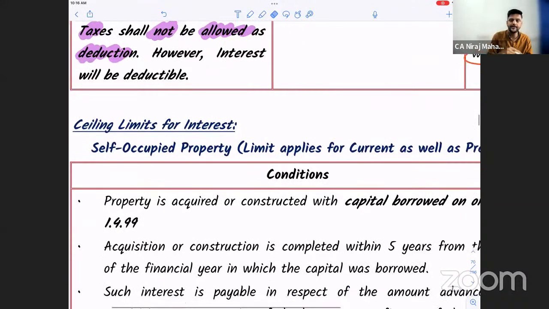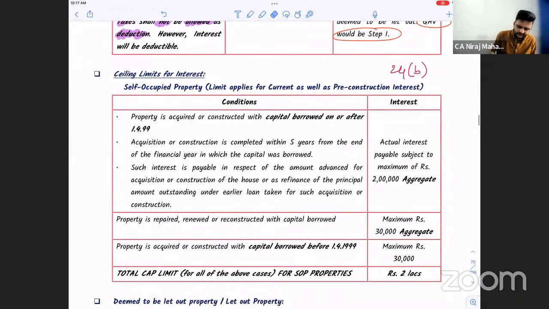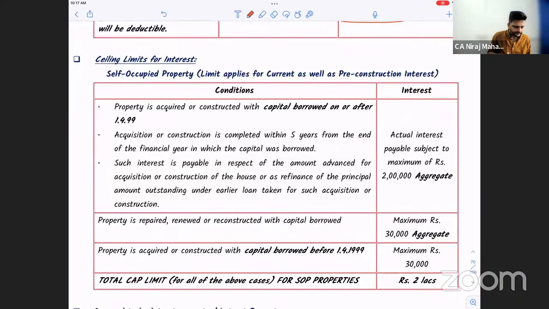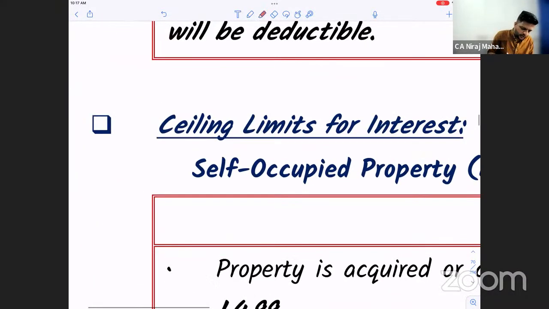And that's why they have put some limitations also. In Section 10, we have seen so many conditions to fulfill every time to take the exemption. Similarly, wherever you have deductions, there can be some conditions associated with it. Understood? Can I go ahead? So that's why, as 24B is reducing your income, you can't reduce it unlimited. There are certain ceiling limits.